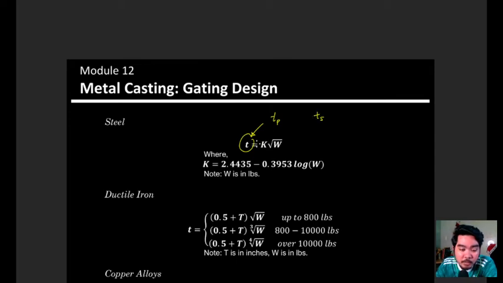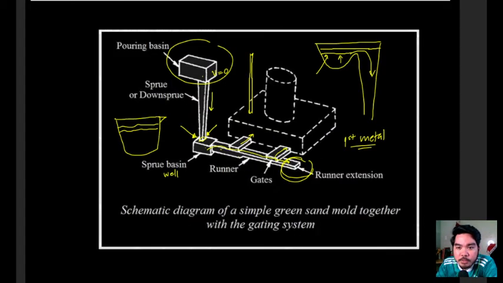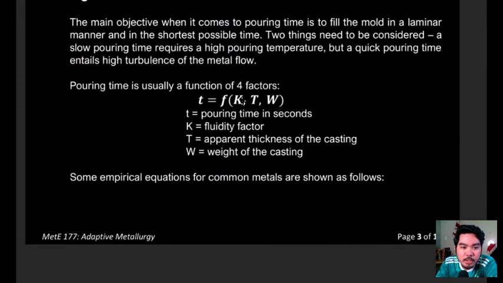Okay, but you can also use T lang, no? So the pouring time T is a function of three factors, no? So the three factors are yung fluidity factor, which is a material property, no? Then we have the apparent thickness of the casting, and we have the weight of the casting. So these are the three factors that can affect the pouring time.